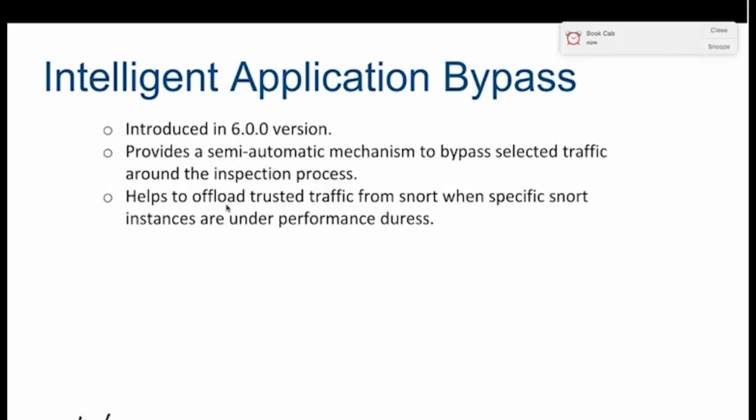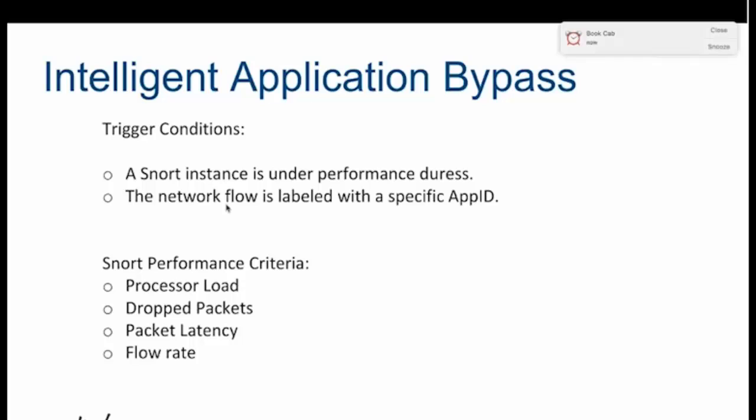So the purpose is to offload the traffic in case of performance issues. To trigger the condition of intelligent application bypass, the detection engine, Snort, should be under performance issues.